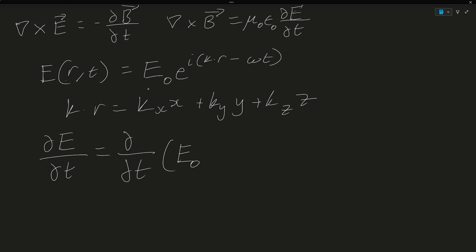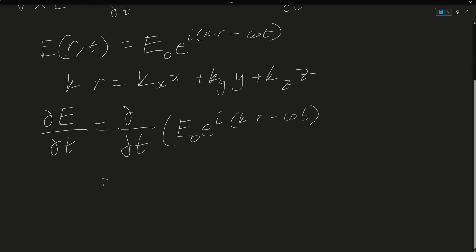To be clear, this is the maximum of the electric field. We can pull it out because it's a constant: E0, and then the derivative of e to the i(k dot r minus omega t).